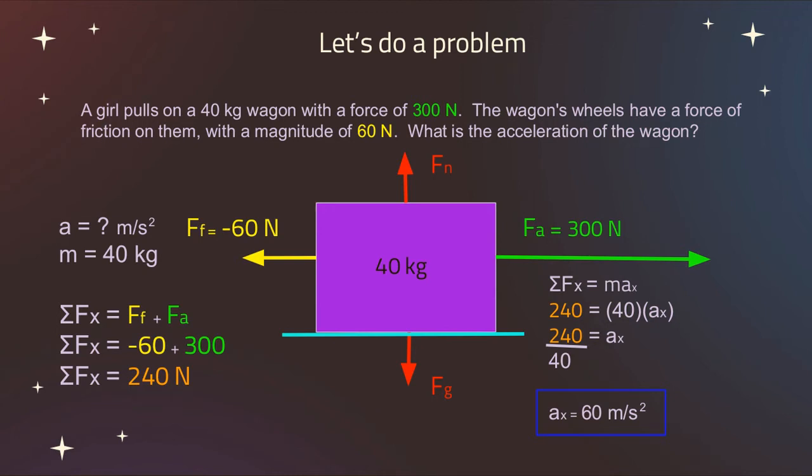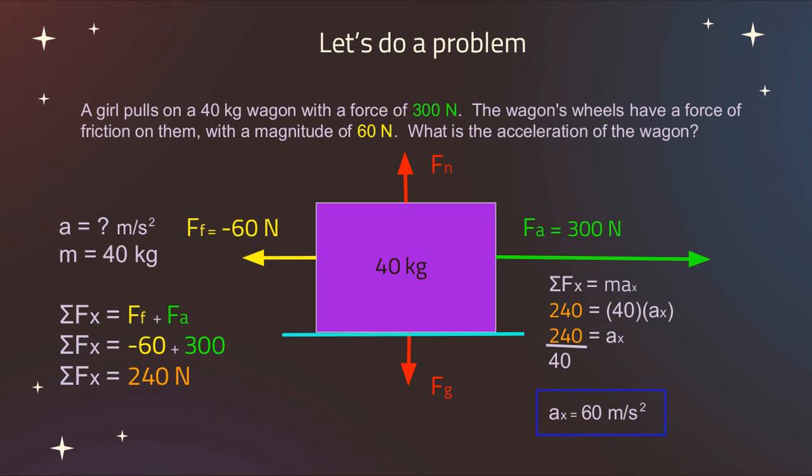So ΣFx is equal to force friction plus force applied. We can substitute our values: -60 for FF, or force friction, plus the 300 from force applied. The two of those added together gives us the sum of 240 newtons. That's the net force in the x direction.